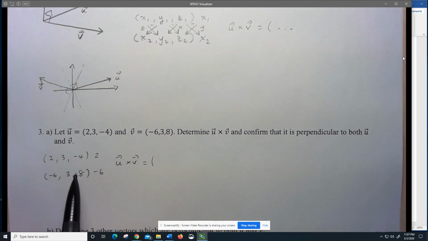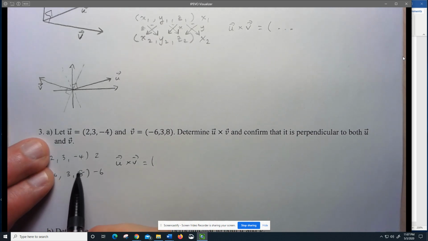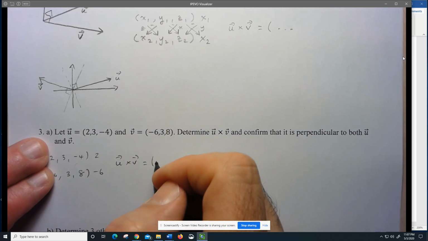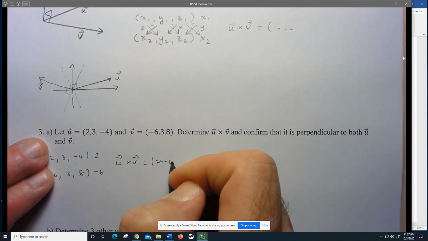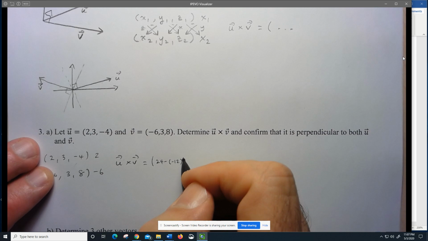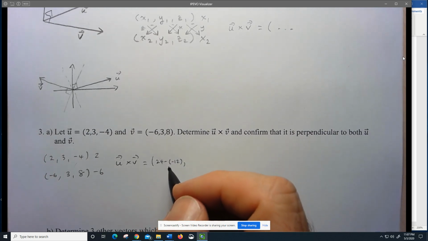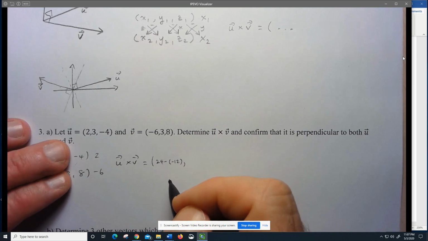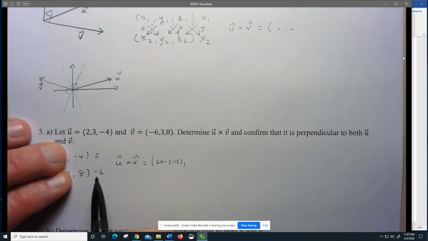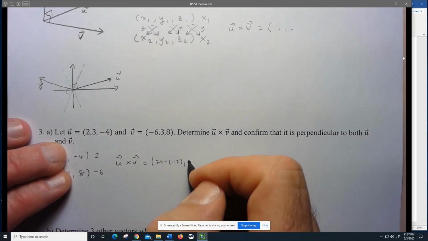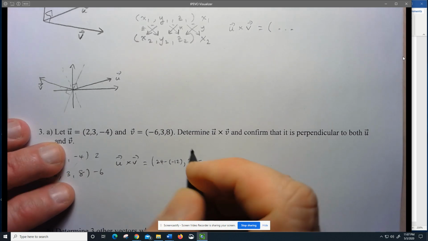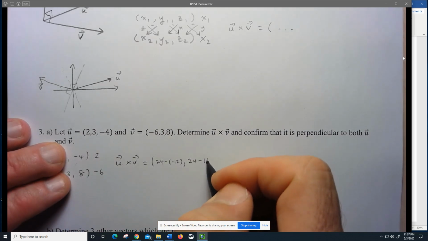So it's going to be, hide the x, so 24 minus -12. So again, it's one of these things where for now, I'm going to write it all out. Eventually, you're probably going to stop writing it out or just do it in your calculator if they're big numbers. So here we're going to have -4 times -6, so 24 minus 2 times 8 is 16.